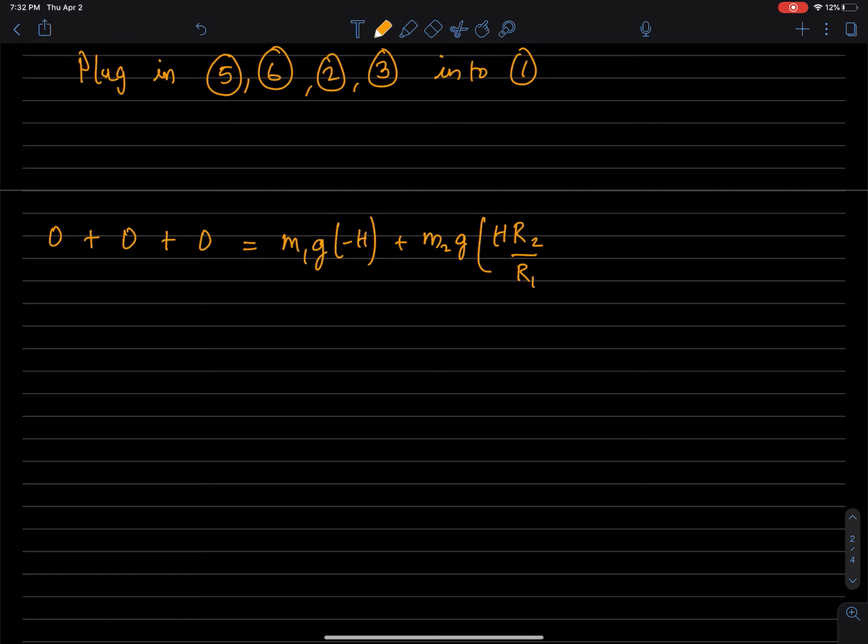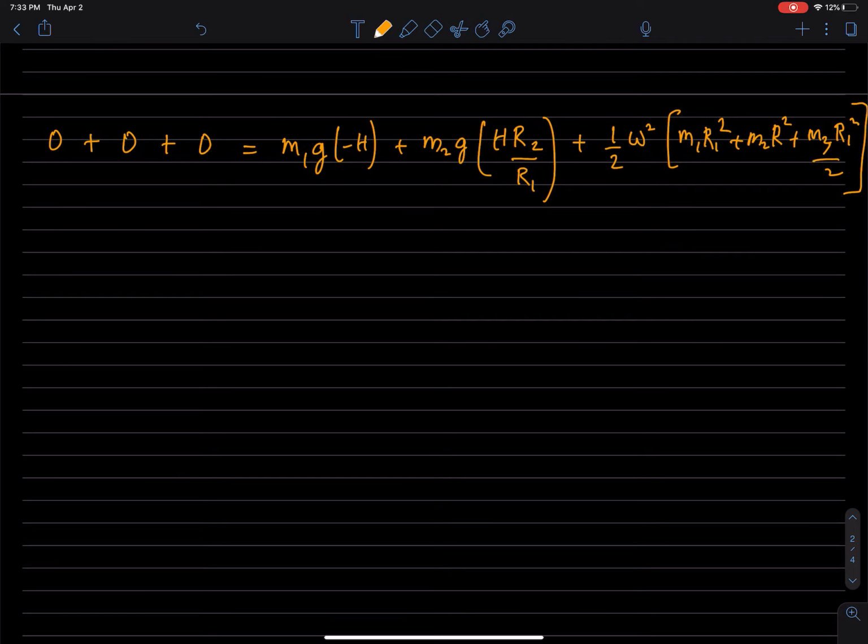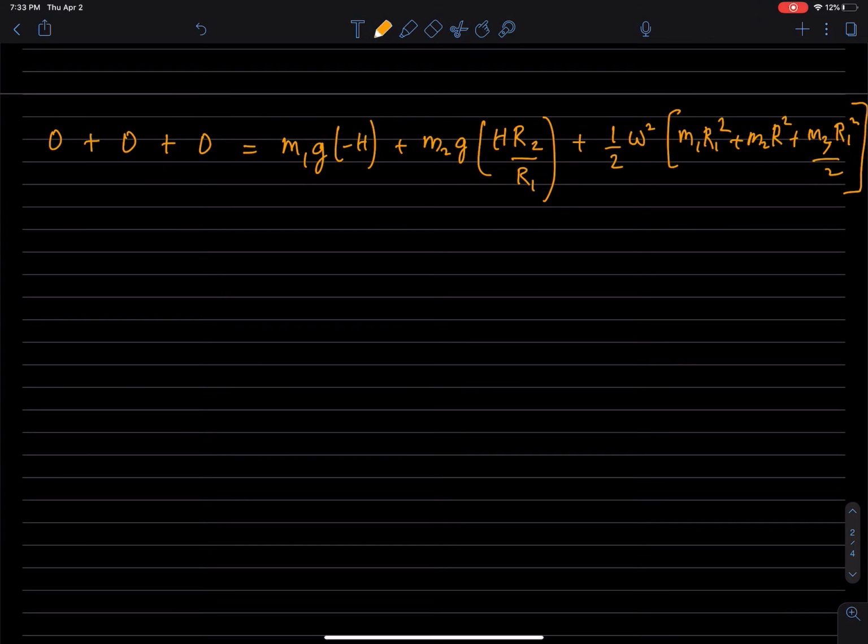And then the kinetic energy final is half omega square times m1 R1 square plus m2 R2 square plus m3 R1 square, divided by 2. And that's it, we are done. In this expression, we are given everything except omega, so we can solve for omega in terms of everything else.